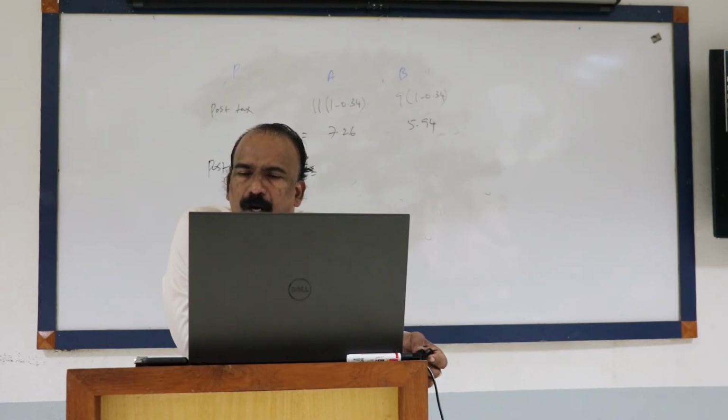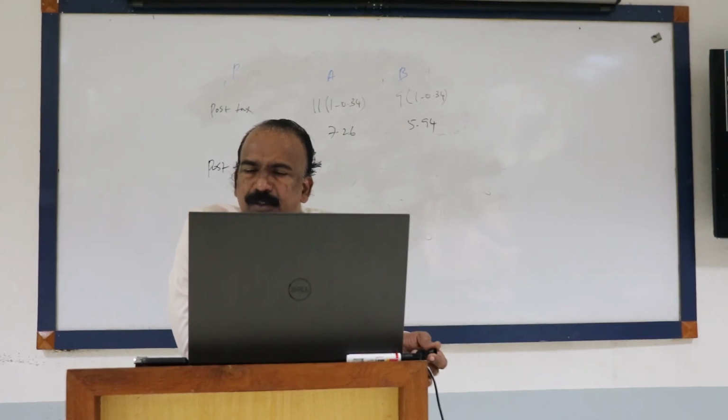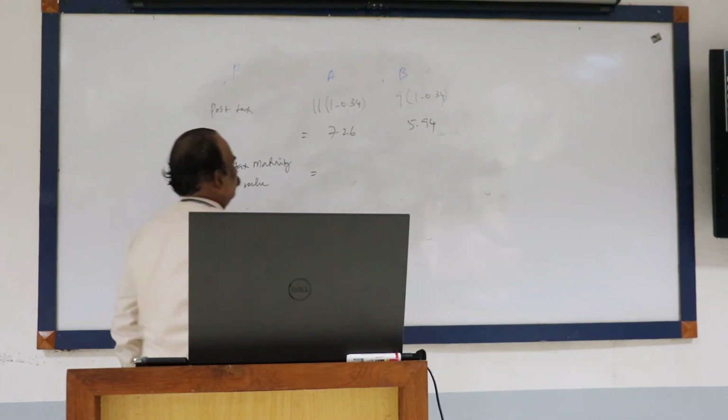So how much do you have to pay? The tax is on 100 minus 80. So the capital gain is 20 rupees. You have to pay tax on 20 rupees, that is 2 rupees. The difference between the purchase price and par value, that's the tax base. That is 100 minus 80.